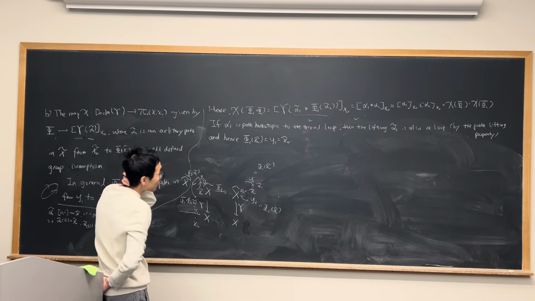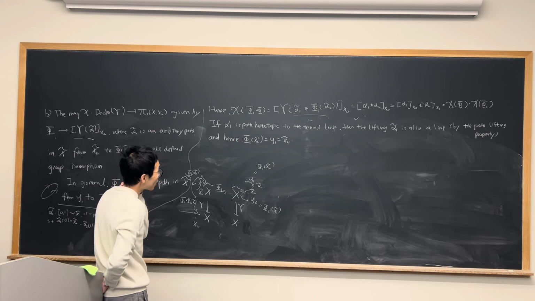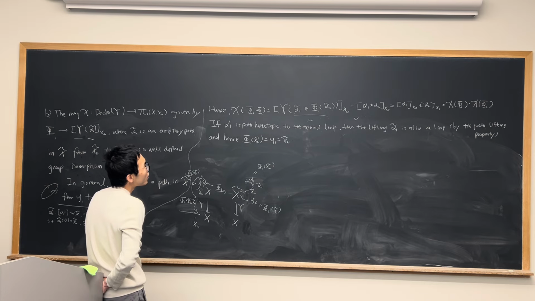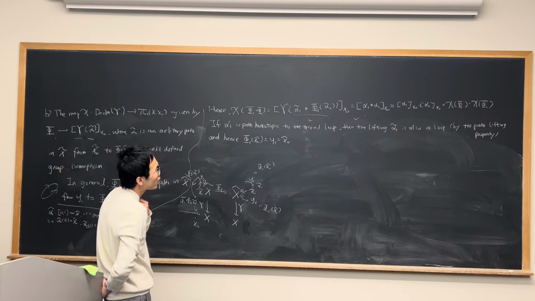Okay, so we know that by definition, this alpha 1 starts at this x naught, right? And then y is also a loop.